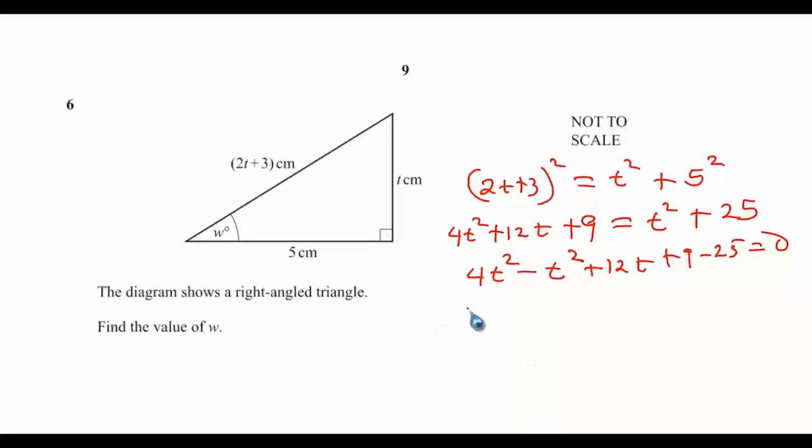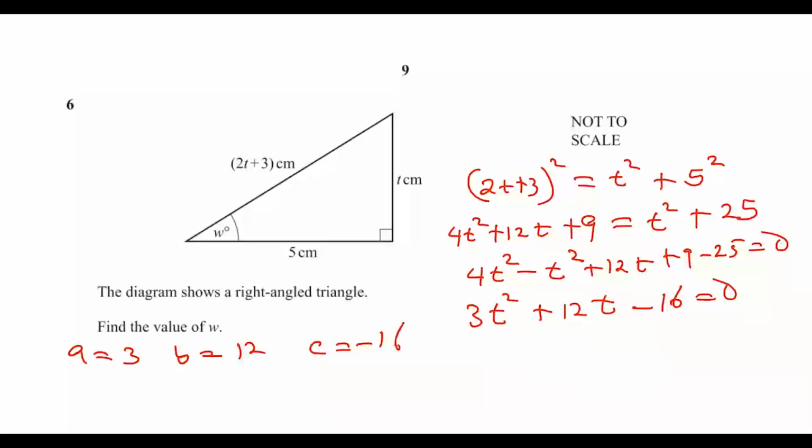So this will give us 3t squared, then plus 12t, then minus 16 equals to 0. So of course we cannot factorize this, so we make use of the quadratic formula method. So from there I can say that a is equals to 3, b is equals to 12, and c is equals to negative 16.